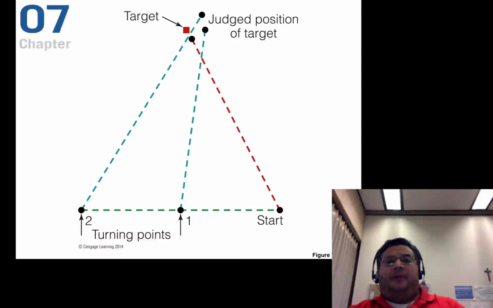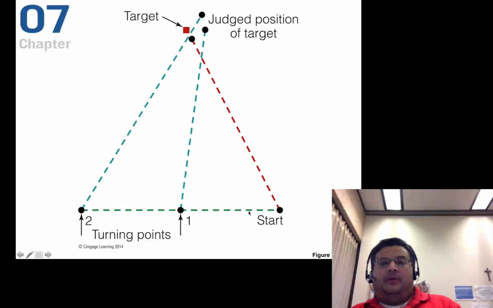of an experiment where we had people take a look at an environment, and then put on a blindfold, and then walk a certain number of steps, and then turn and face the object that they saw off in the distance before they were blindfolded.